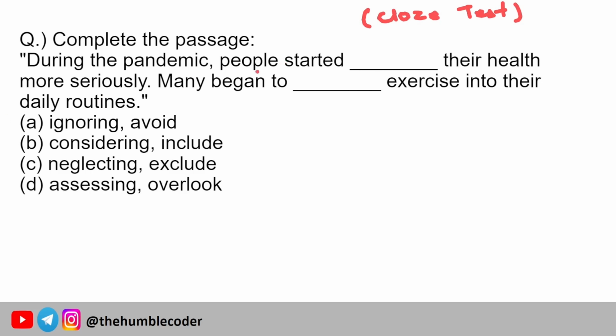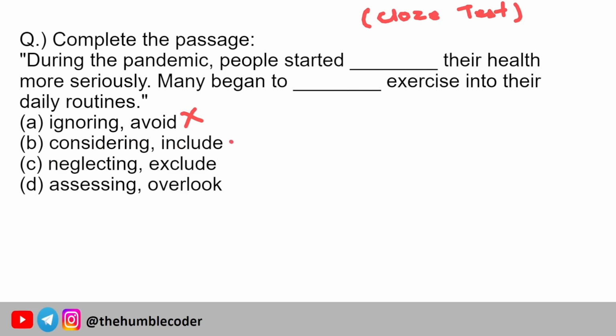During the pandemic, people started dash their health more seriously. Many began to dash exercise into their daily routines. The options are ignoring, avoid, considering, include, neglecting, exclude, assessing, overlook. Let's try to fit in the first option: many people started ignoring their health more seriously. No, definitely people were not ignoring their health, instead they were taking care of it. So the second option, let's see, many people started considering.